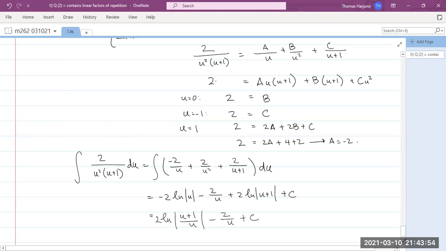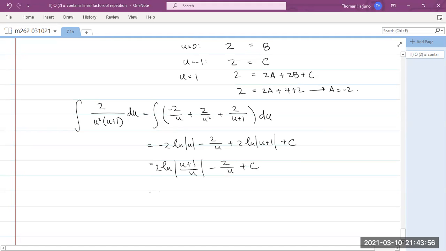Now replace those u's back. 2 natural log of square root of x plus 1 over, actually I don't need to, huh? No. I have that square. Don't put them together.